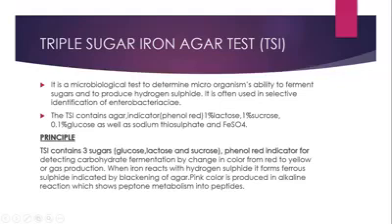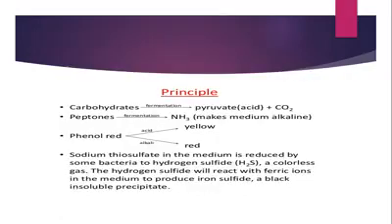Now the principle. Actually, there are three things going on. First of all, carbohydrate fermentation, which is indicated by the production of acid, the pyruvic acid, which turns the medium acidic. This can be indicated by the phenol red indicator, which is yellow in acidic medium while red in alkaline medium.